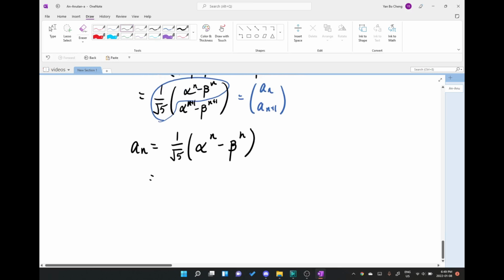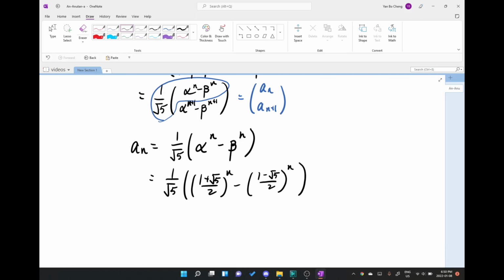And I'll just write it out because you might have forgotten what it means: ((1 plus root 5) over 2) to the n minus ((1 minus root 5) over 2) to the n. And we're done. This is the closed form of the Fibonacci sequence using linear algebra.